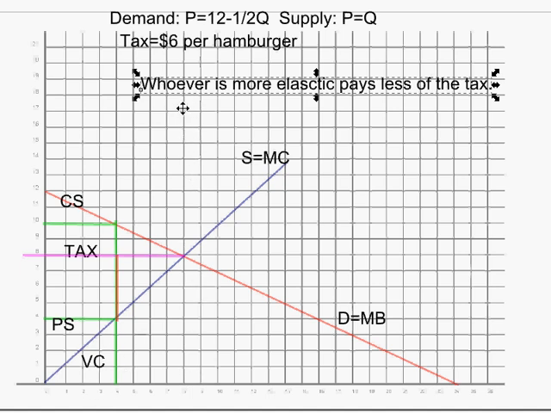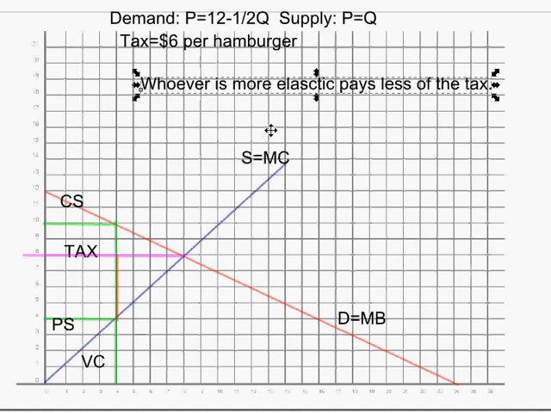If your, say, demand curve was perfectly inelastic, it would be straight up and down, meaning that as the price goes up, you're still going to buy 8. You're always going to buy 8 no matter what the price is. But in this case, the demand curve has a slope of minus a half. They're flatter than the slope of 1 for the supply curve. So they're more elastic. They're going to pay less of the tax.